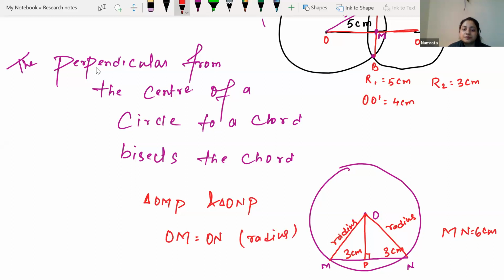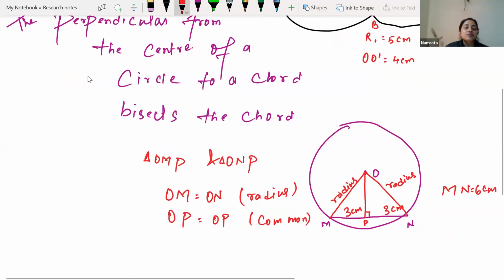We also know there is a common side, that is OP, which is common in both the triangles. And we can see here we have 90 degrees, since we are dropping a perpendicular from the center, so 90 degrees in the left hand side triangle, and 90 degrees in the right hand side triangle. So that information we can also use for proving the congruency of triangles.